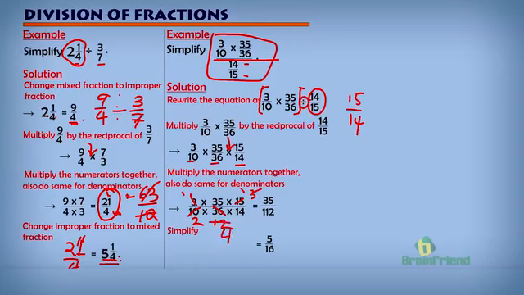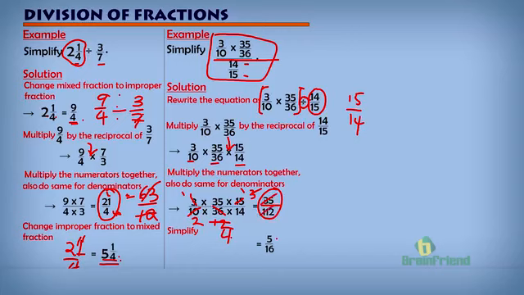So we have 35 all over 2 times 4, which is 8. 8 times 14 is 112. 35 all over 112 is our answer. But it can be further simplified. 7 goes in 35 to give us 5.